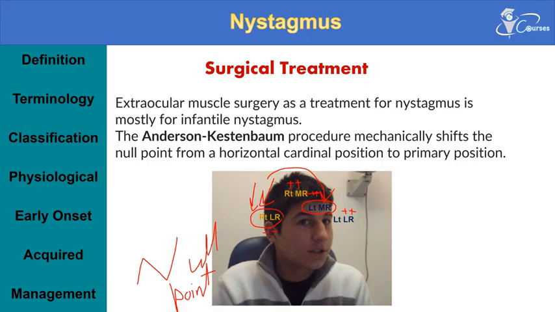After doing this, the patient will send more impulses to the right lateral rectus and left medial rectus in order to overcome this recession, and this will eventually cause the eyes to be in the primary position, so the primary position will be the new null point for those patients.